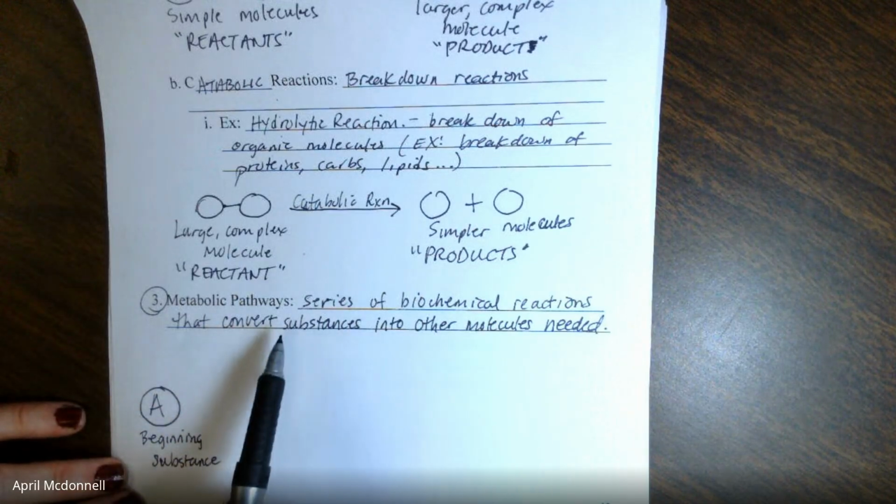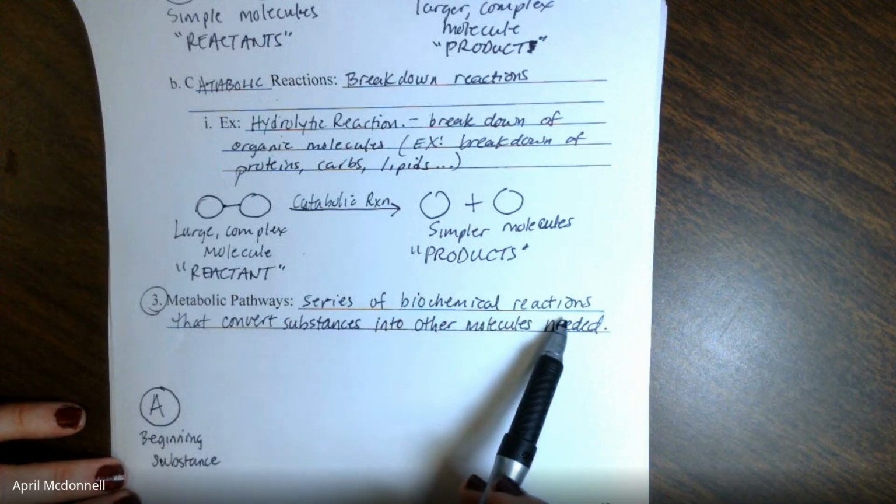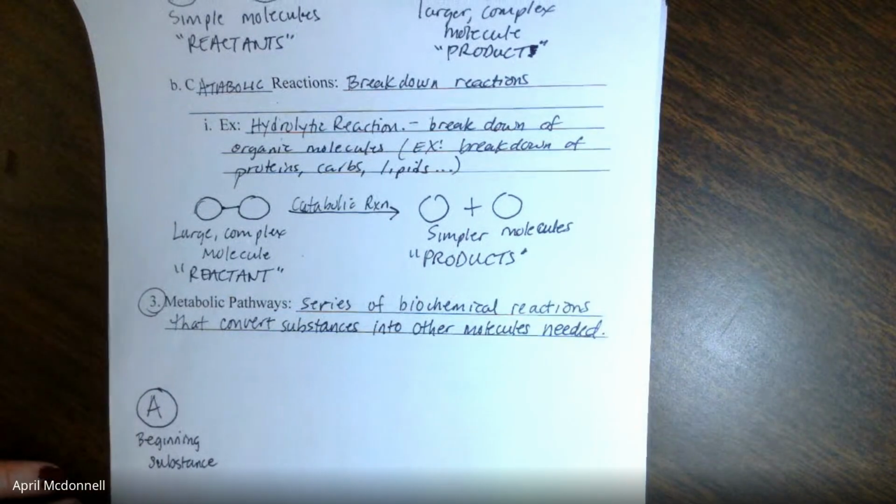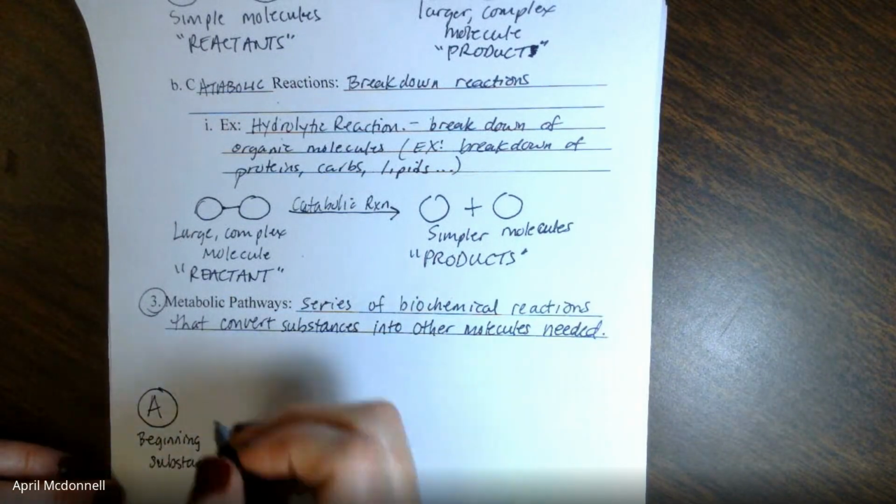And we're going to draw a series of reactions that occur in order to reach the goal molecule, which is going to be the final product of the metabolic pathway.